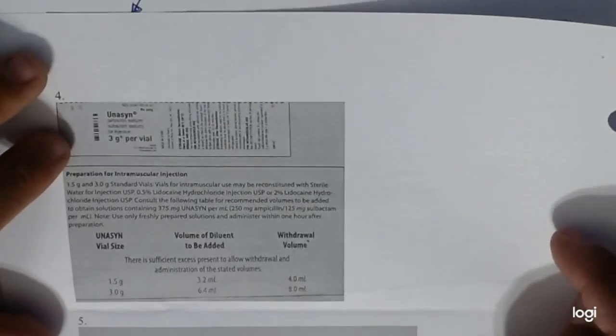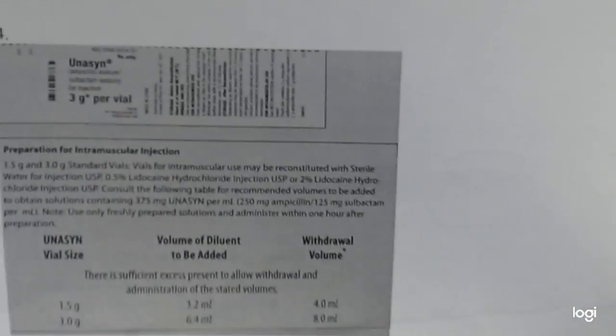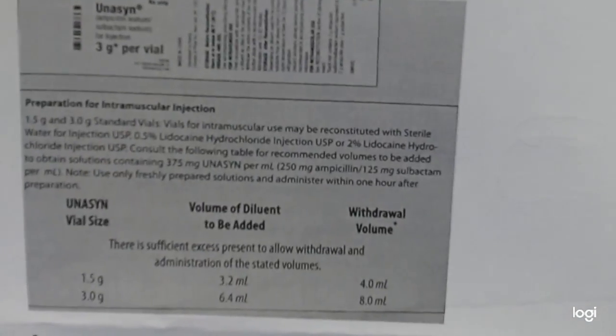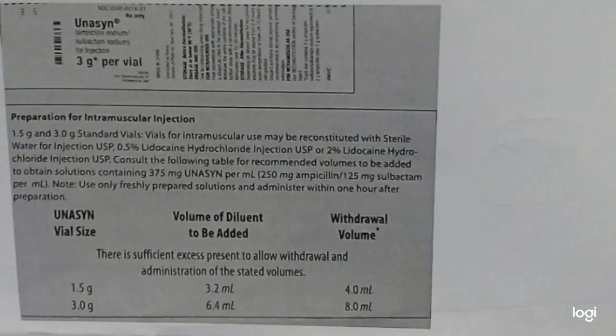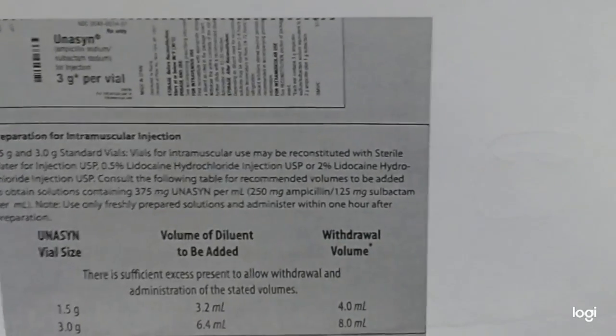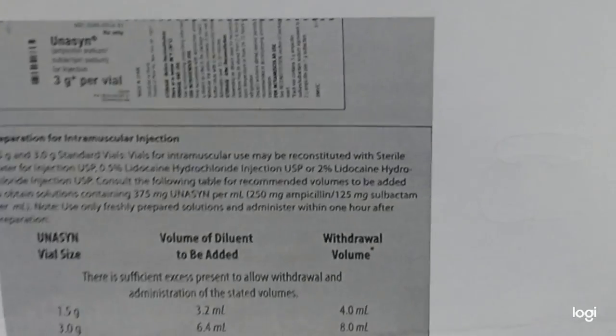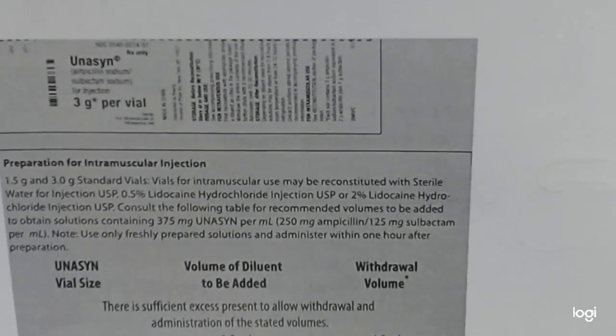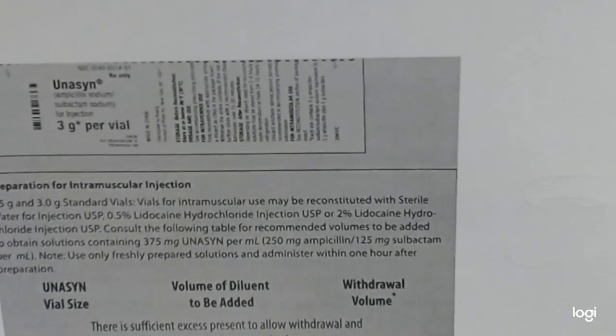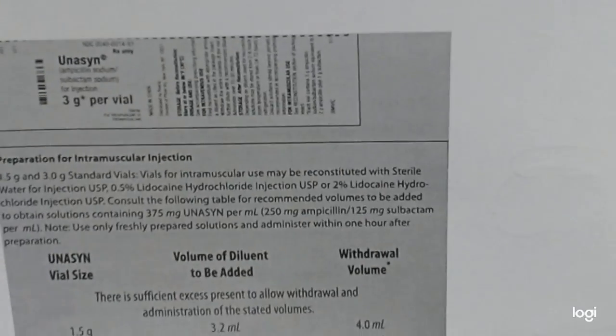Let's actually look at this one real quick here. Let's see if I can get the zoom in here. So first off, what is the strength of this drug? Everybody get it?